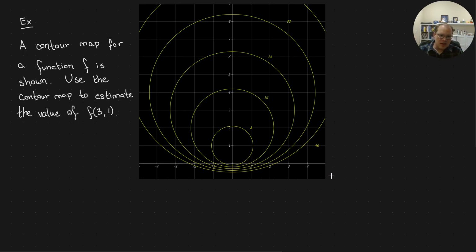That is the level curve that contour is representing. So for example, 24 here, that's where f(x,y) equals 24. That curve represents all the points on the surface with a z value of 24.